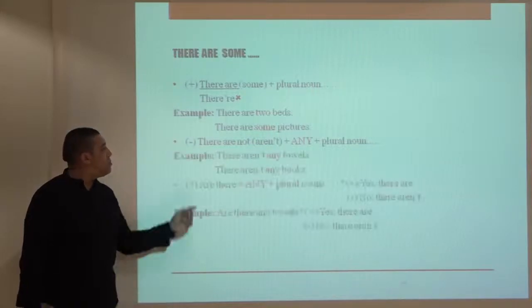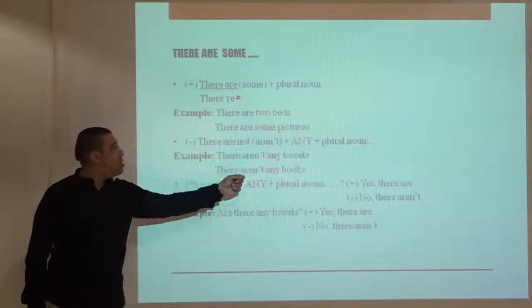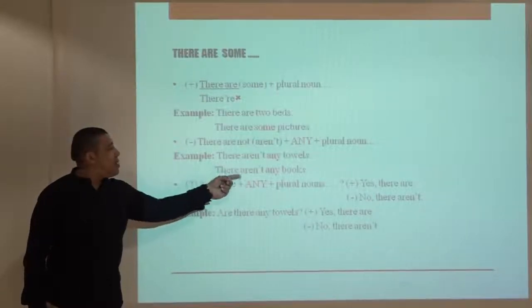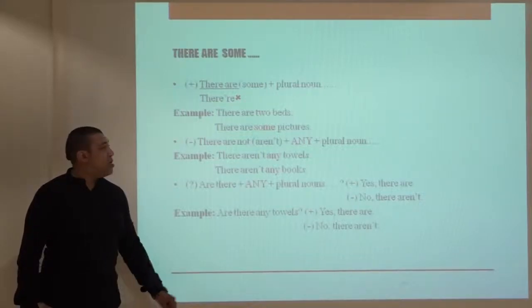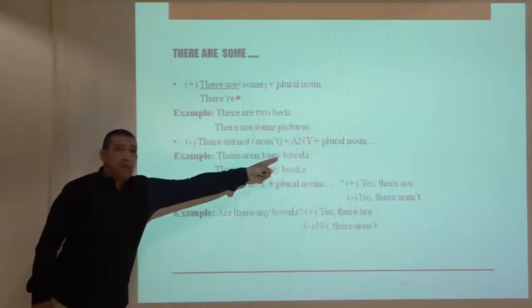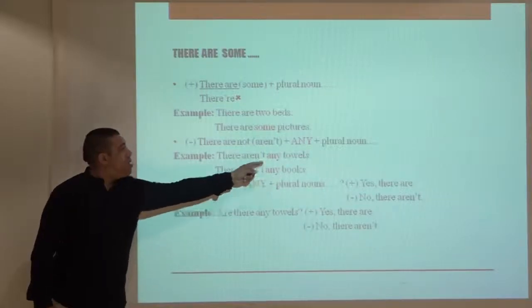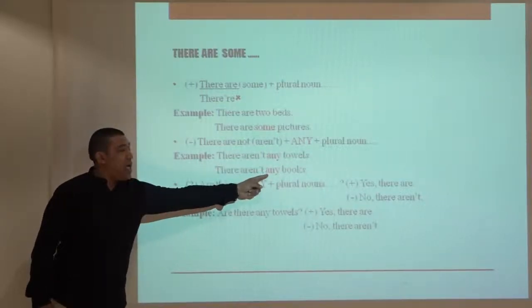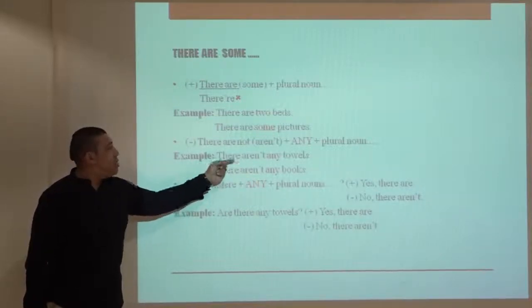For example, there aren't any towels, or there aren't any books. As you notice, we have towels in plural form, books in plural form, and we use any in negative sentences with there aren't.